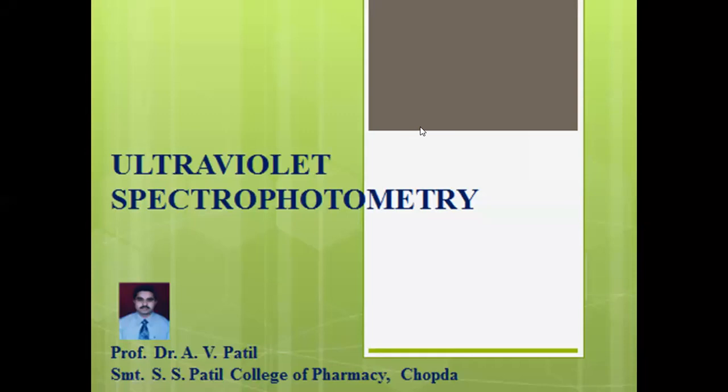So today we are going to discuss the instrumentation pattern, the instrumentation of the ultraviolet spectrophotometer. Up till now we discussed the various terms involved in UV spectroscopy, starting from the basics: what do you mean by wavelength, frequency, amplitude, then chromophore, auxochromes, various effects like bathochromic, hypsochromic, hyperchromic, hypochromic effects.